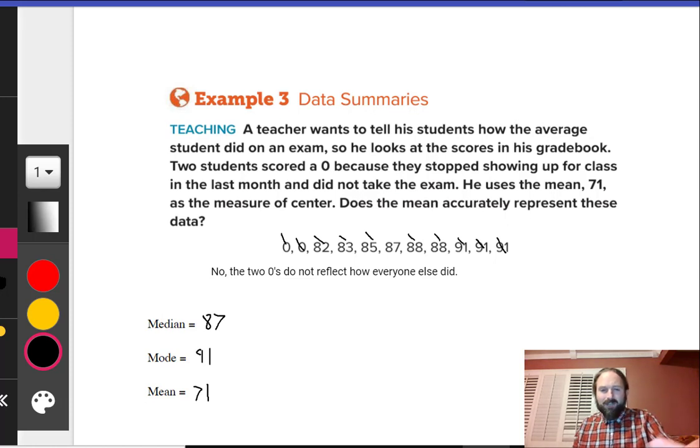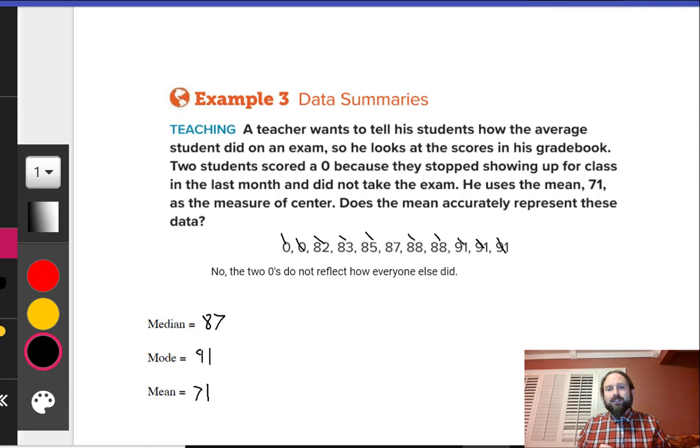I do believe that. I look at this and I'm like, all right, let's take off 2 of the data. Well, that means it would go up to like 88. And that's really close to this median of 87. So this outlier doesn't really affect the median as much. It only affects the mean. Now, this mode is nice because it tells us, hey, look, most of the students scored this, 91.